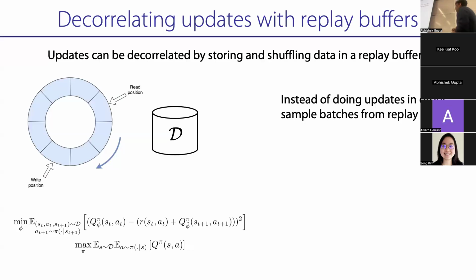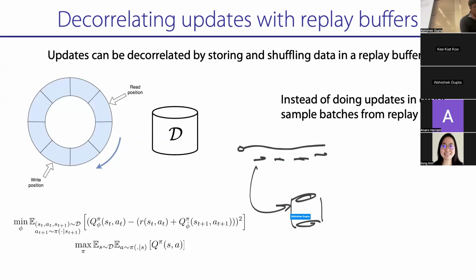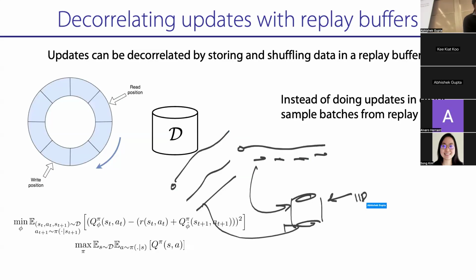But the whole point of the replay buffer is that you're decorrelating your updates, right? So the way the algorithm would work is, let's say you're sampling these tuples, you dump it into a buffer, and all your previous trajectories also had been dumped into that buffer. Whenever you're doing updates, you can still do updates online, but you're doing updates on batches that you sample IID from the buffer.